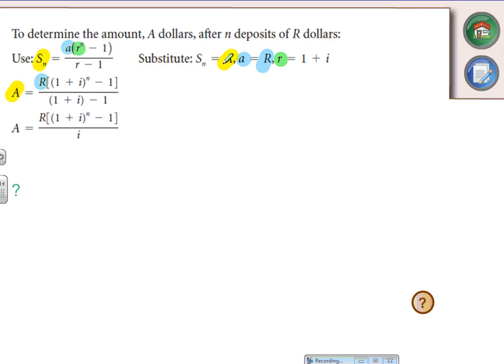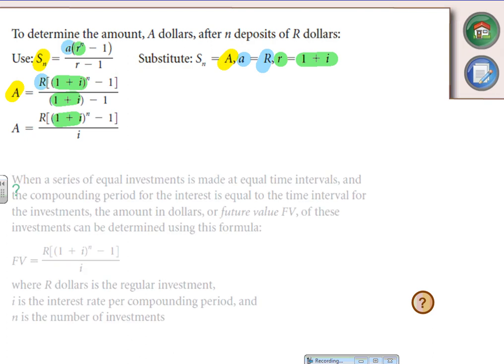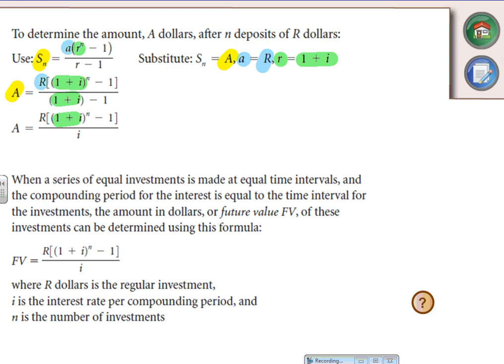Your r gets to be 1 plus i. And then we plug her through, and we come up with this new equation. It's not an equation that you have to memorize, but if you're asked to use it, you will be given that formula.